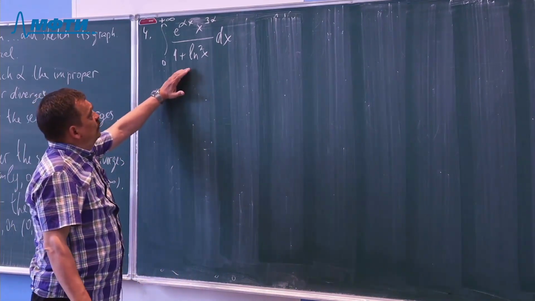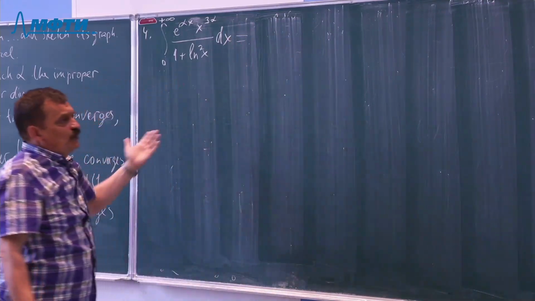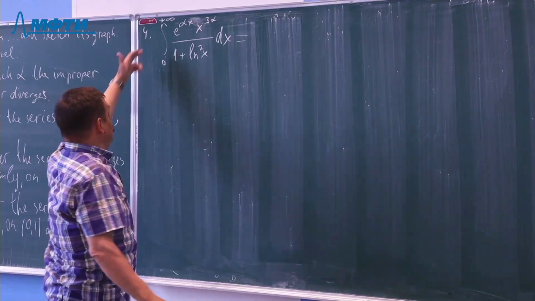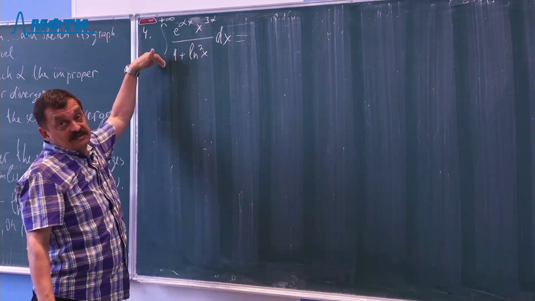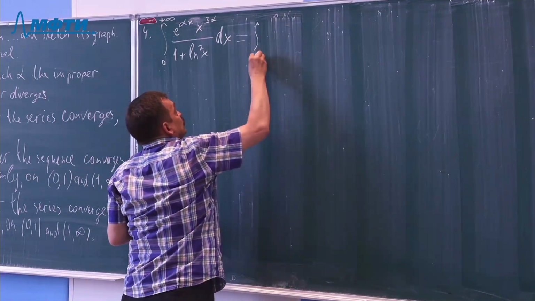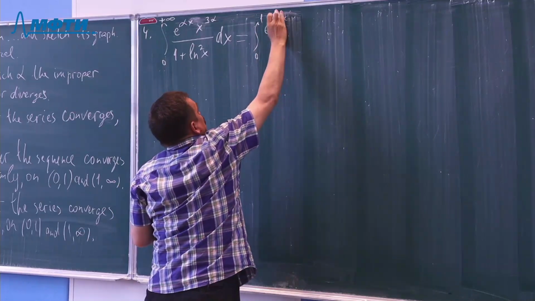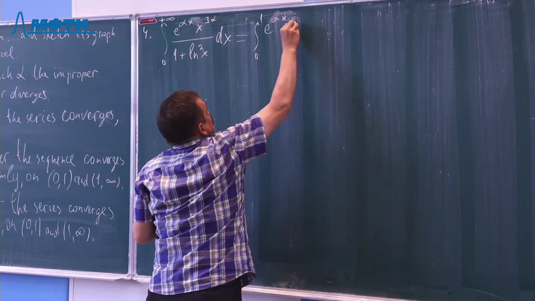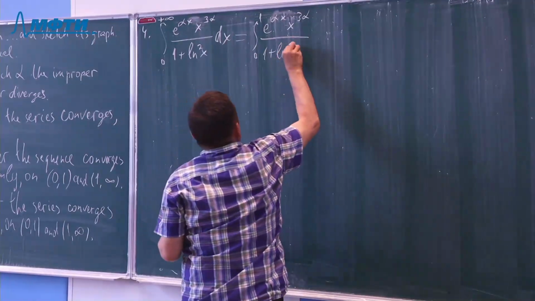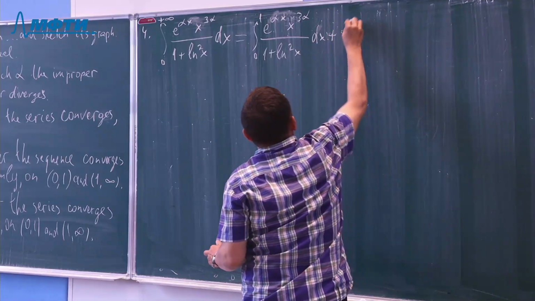First of all, we need to observe that we have two possible singularities of our function. One for sure is infinity, but another is at 0, right? It means we need to split our integral into two parts to investigate both of them separately.